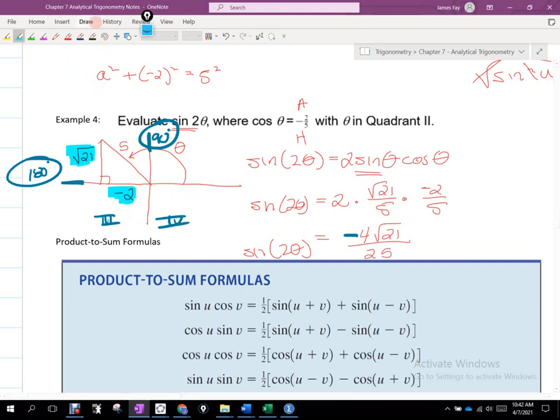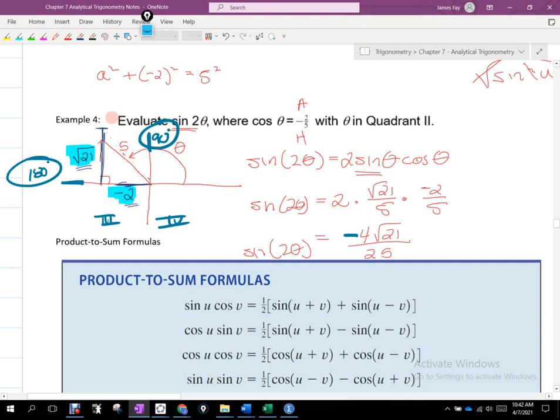Okay. Now, here's my question. Which one of these numbers is bigger? Radical 21 or 2? Radical 21. Okay. So that means this y value is longer than this x value, which would mean to me that it should really stop short of 135, right?